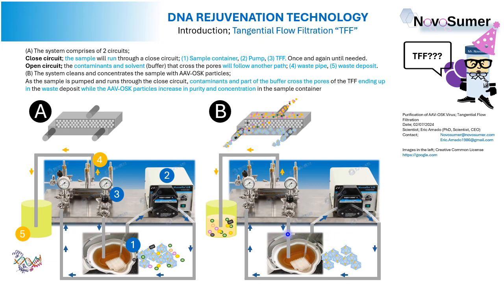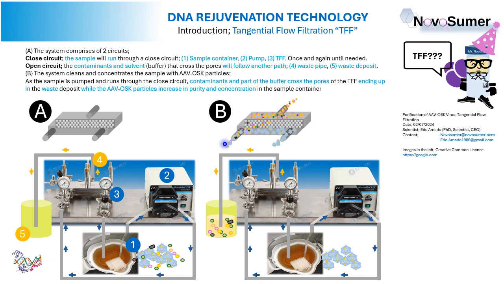Remember you have here the sample with some of the contaminants. It goes from the sample deposit to the pump, from the pump to the TFF device. It enters the TFF device through the inlet pipe, and here you see the sample with some of the contaminants enter the TFF device.